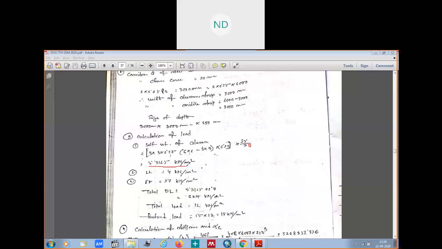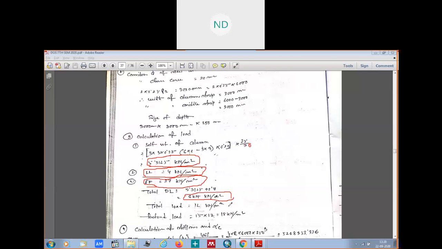We got our self weight of the slab total, how much? 5.3125 kilonewton per meter square, and the live load was given to us in our question, 4 kilonewton per meter square, and also the dead load of the floor finish was given to us, 2.7 kilonewton per meter square, which will give us our total dead load and total live load calculation.